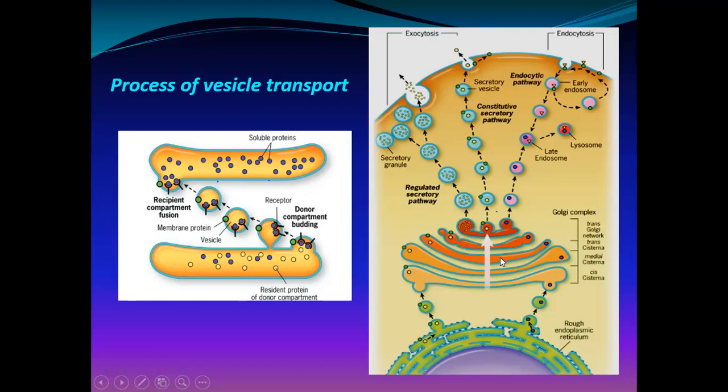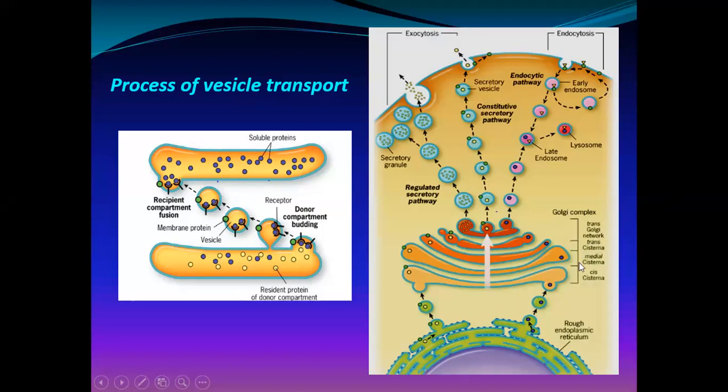In the Golgi apparatus, as I told you, the Golgi apparatus side facing the rough endoplasmic reticulum is called cisterna, right? And the side facing the other side, the membrane side, that is called the trans cisterna, right?